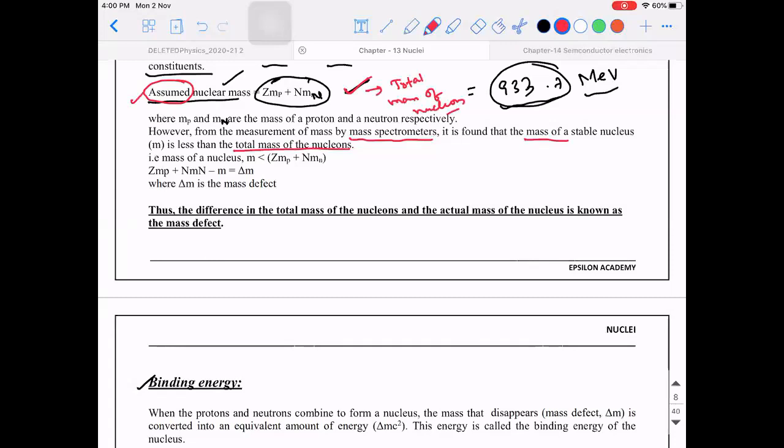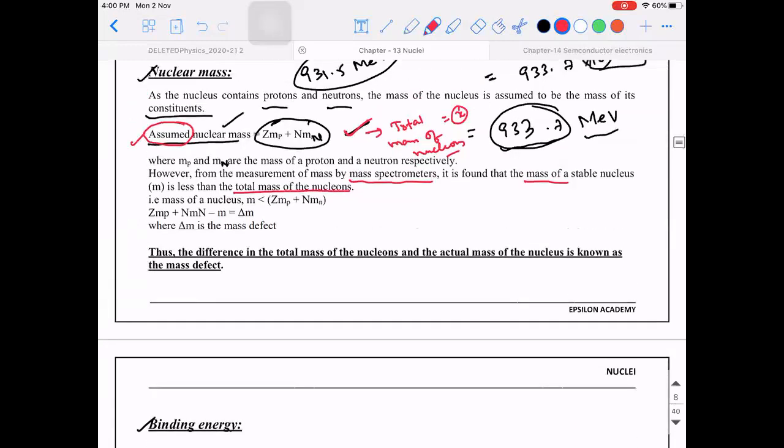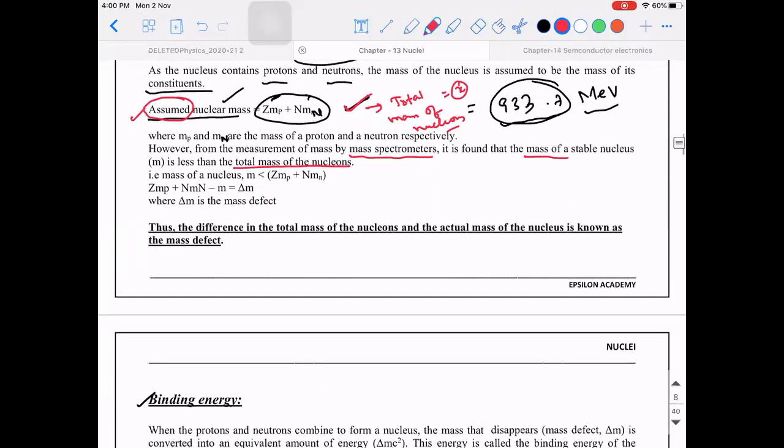Also, we can call it as assumed nuclear mass because this is a theoretical value which is expected by us, but in reality, when you use a device and measure, let's say it is coming out as X. Okay, if it is coming out as X AMU, when in reality, what will happen is when you use mass spectrometers, it will be a value definitely less than X AMU. Okay. So that's the point.